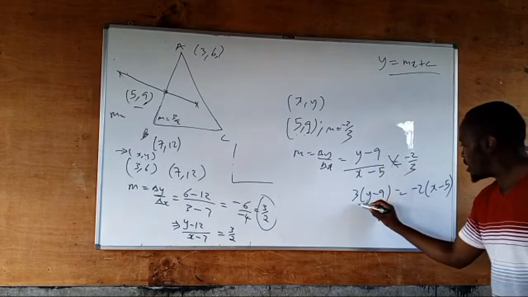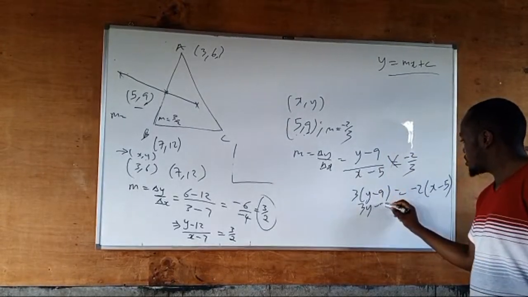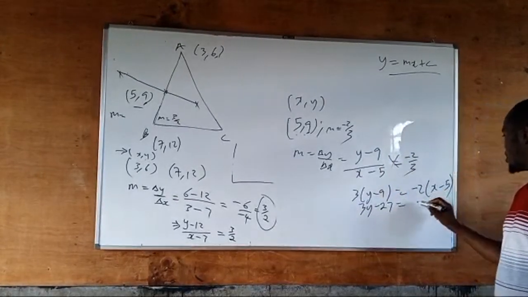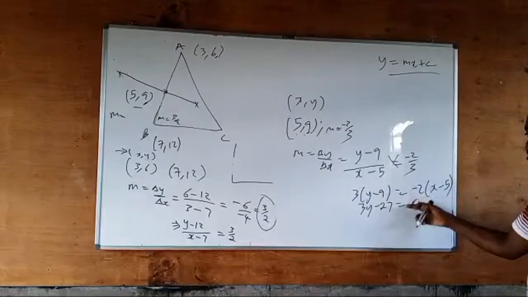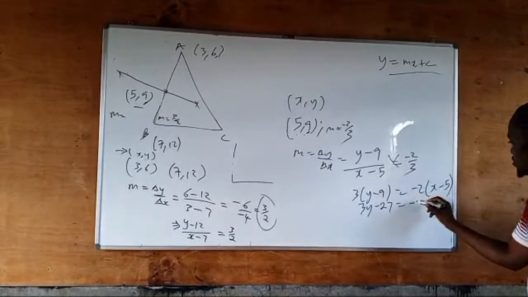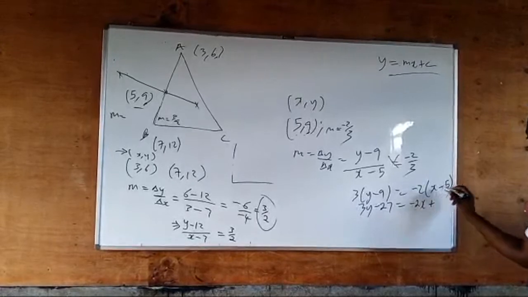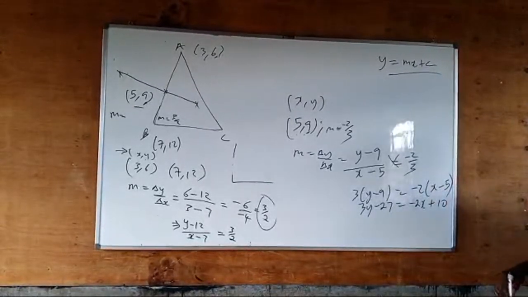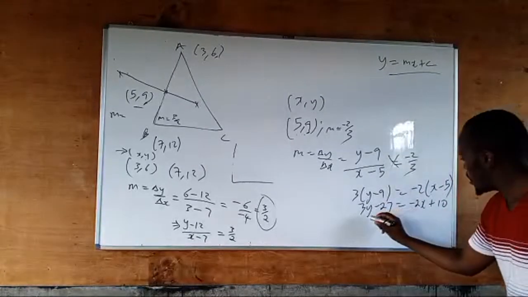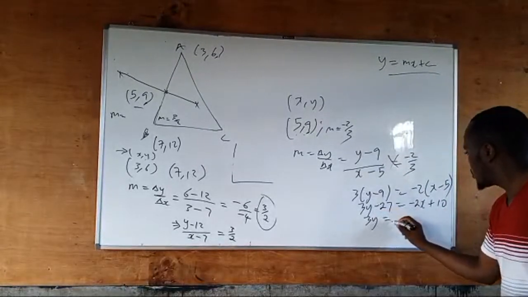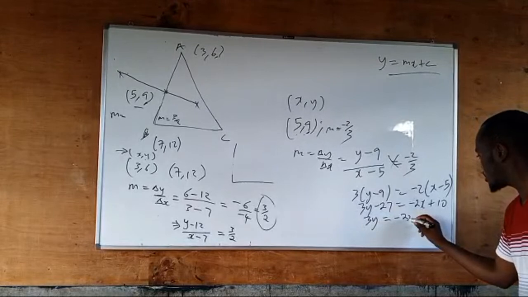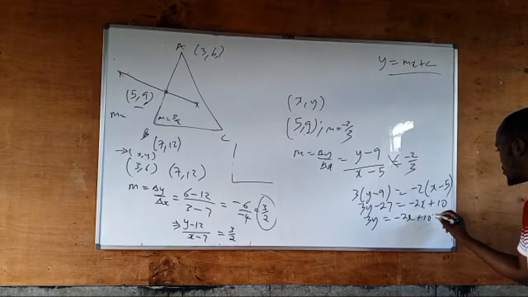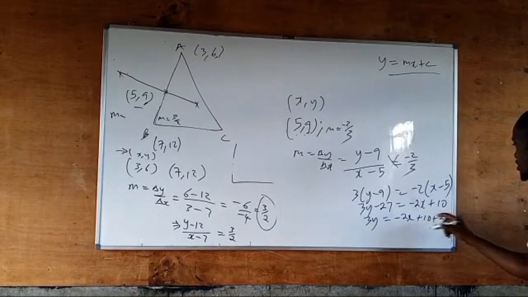So this is 3y minus 27 equals to negative 2x plus 10. Negative times negative. 3y is equal to negative 2x plus 10 plus 27.